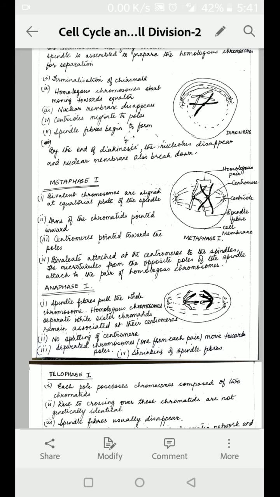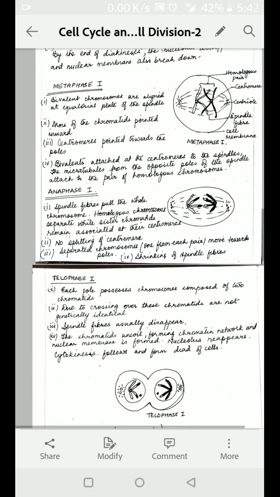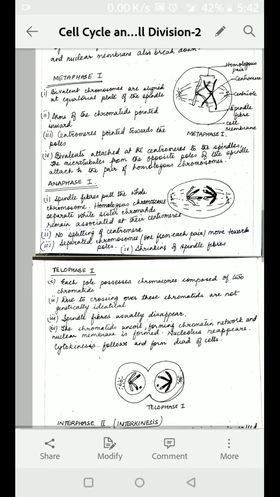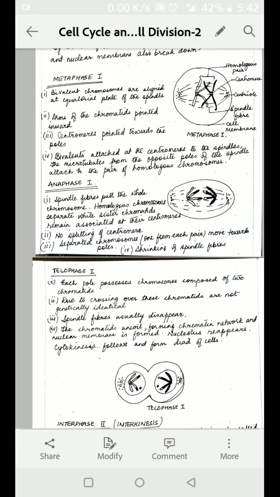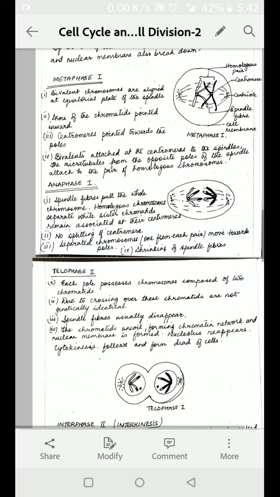Anaphase 1 is followed by telophase 1, and the characteristic events that take place have been listed here. Each pole possesses chromosomes which are composed of 2 chromatids. Due to crossing over, these chromatids are not genetically identical. So this is the difference between mitosis and meiosis: in meiosis, the chromatids are not genetically identical because crossing over has occurred.